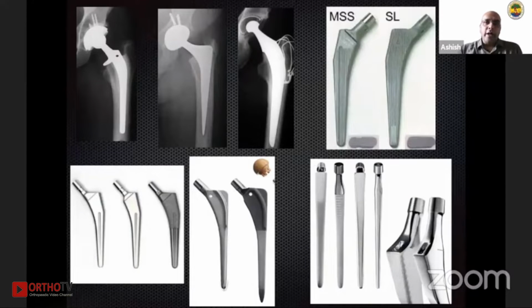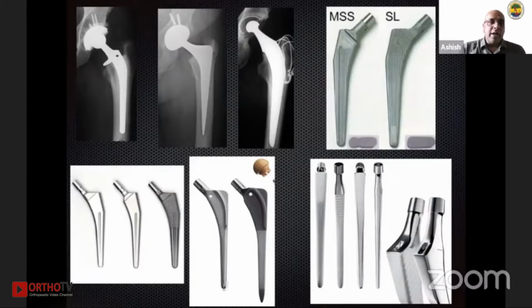So to give you a quick take-home message for all the young arthroplasty surgeons, or the people who are wanting to do bipolars and using the different stems, these are the wide range of stems that are available to us. They either might be the original designer stems, or they could also be a copy or a modification of these particular stems.